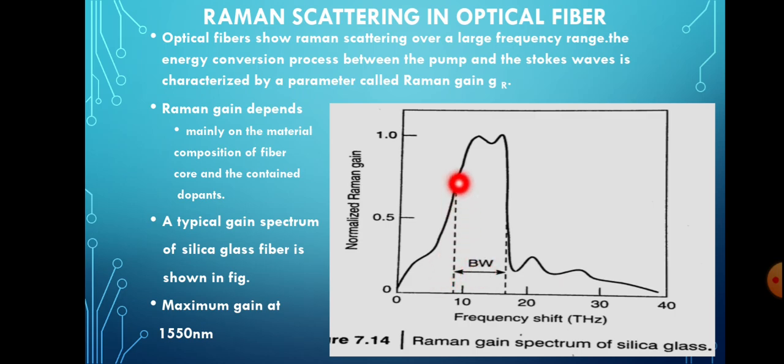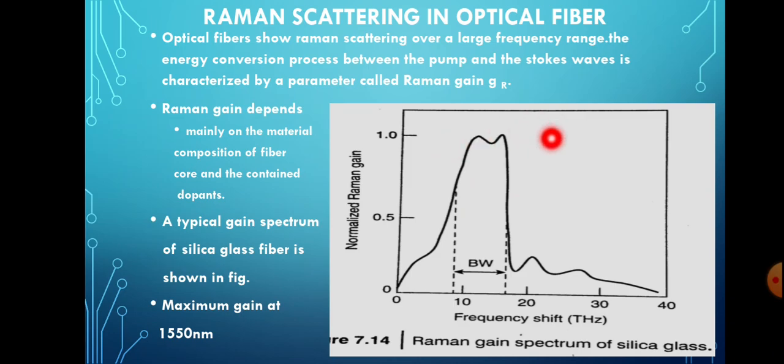For the first maximum, its bandwidth is approximately from 9 terahertz to 16 terahertz, as you can see roughly from this figure. And when we consider all of these, in the case of a Raman amplifier, the maximum Raman gain is approximately 20 dB.